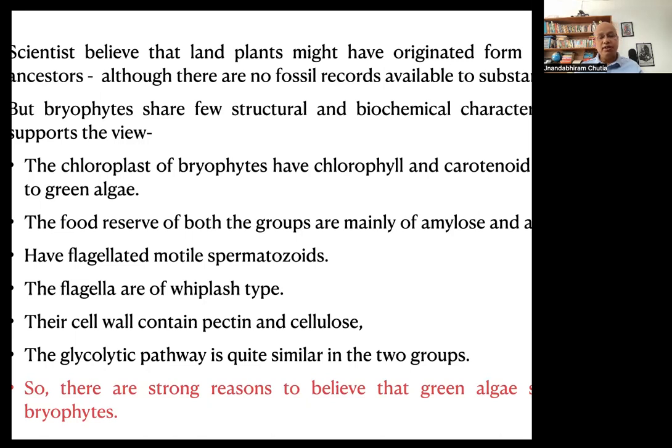The relation of bryophytes to the algae can be further observed by their flagellated motile spermatozoids. These spermatozoids have a whipless type of flagella, which is very commonly observed in the algae. The cell wall contains pectin and cellulose components, which is also found in the higher plants, as we find in algae, and it is also found in the bryophytes.